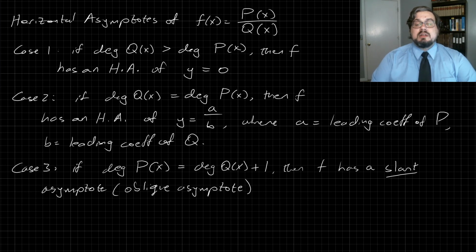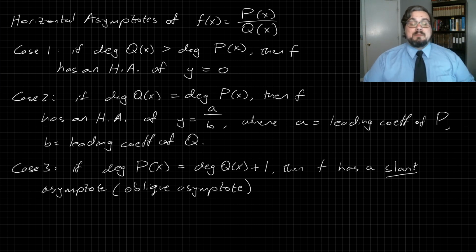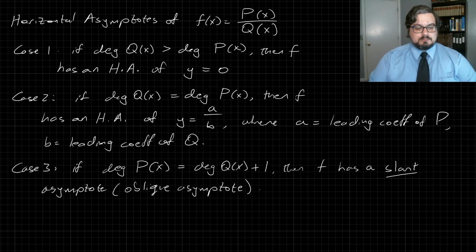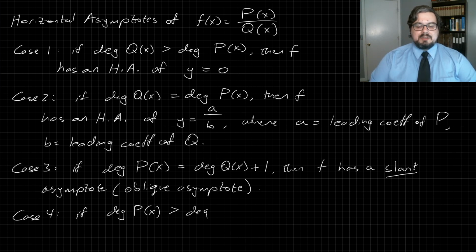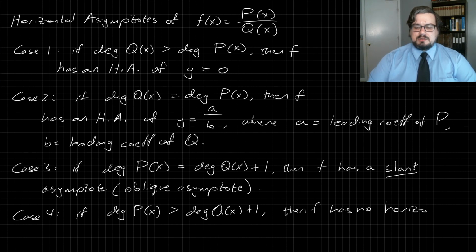In particular, it does not have a horizontal asymptote, and we're going to come back and look at slant asymptotes a little bit later. And then case 4, if the degree of p of x is greater even than the degree of q of x plus 1, then f has no horizontal or oblique asymptote.